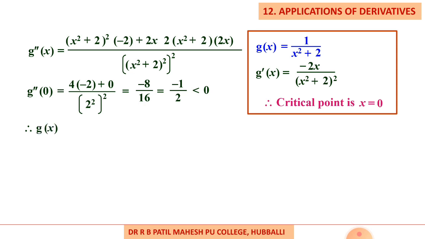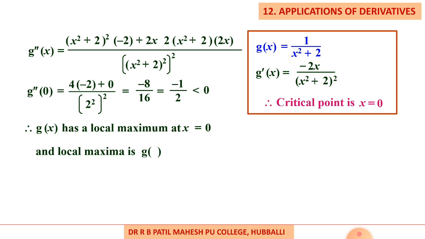When you get a negative value, g of x has a local maximum at x equal to 0, and the local maximum value is g of 0 equal to 1 by 2. Put x equal to 0 in the given function, we get 1 by 2.